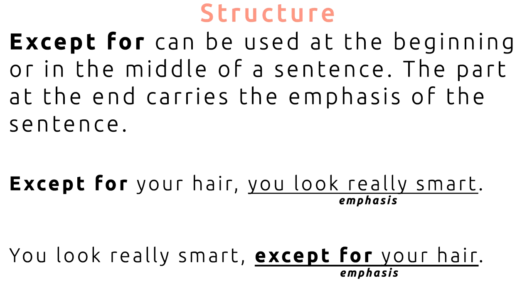Our general meaning is that you look smart. Remember, except for means not including. So the person is saying, not including your hair, you look really smart, because the person's hair is probably messy or doesn't look so good at the moment. But the overall emphasis is, you look really smart.